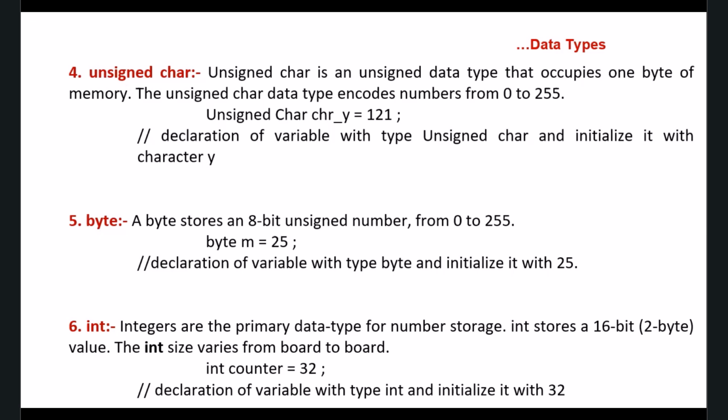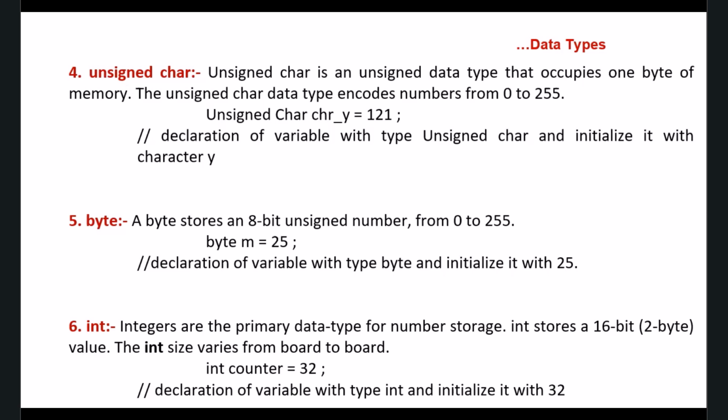Moving further to see the next data type, that is unsigned char. The unsigned char is an unsigned data type that occupies 1 byte of memory. The unsigned character data type encodes numbers from 0 to 255. Let's consider an example: unsigned char = 121. This is the declaration of a variable with type unsigned char, and initializing it.